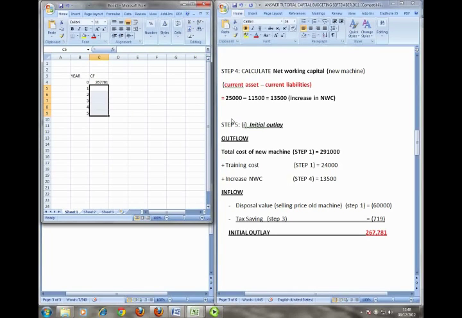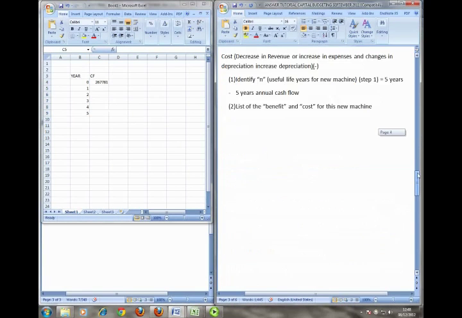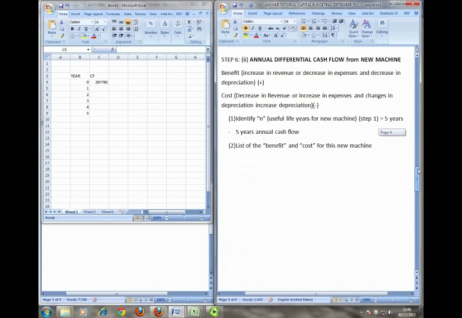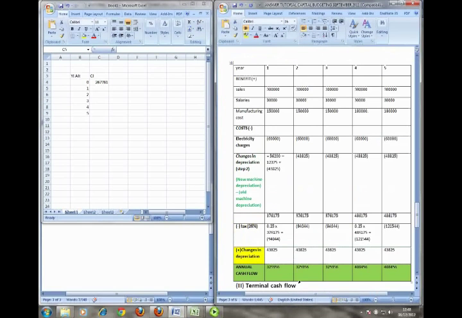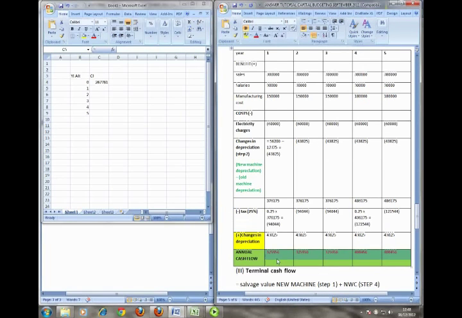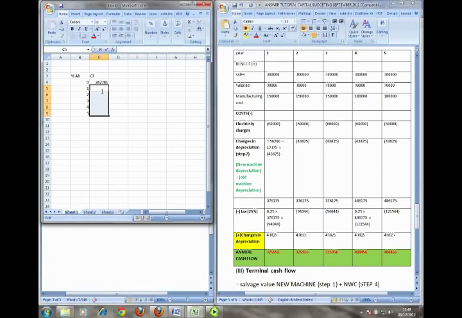Year 1 to year 5, the cash flow you can get from your step 6, annual differential cash flow, as you can see in the green color. So this is your annual differential cash flow. Year 1 is 325,956.